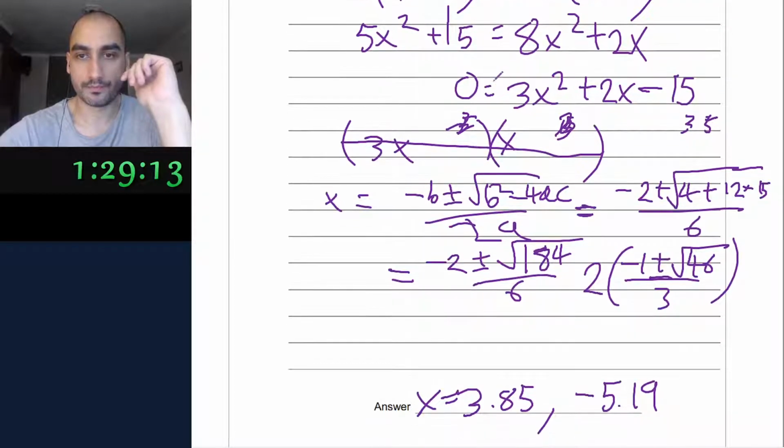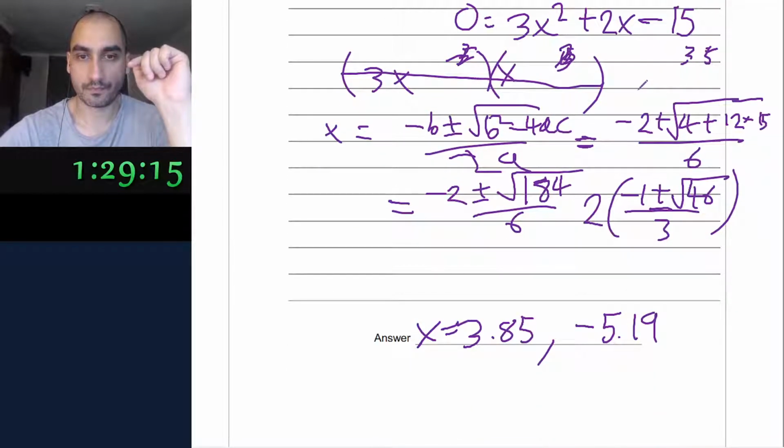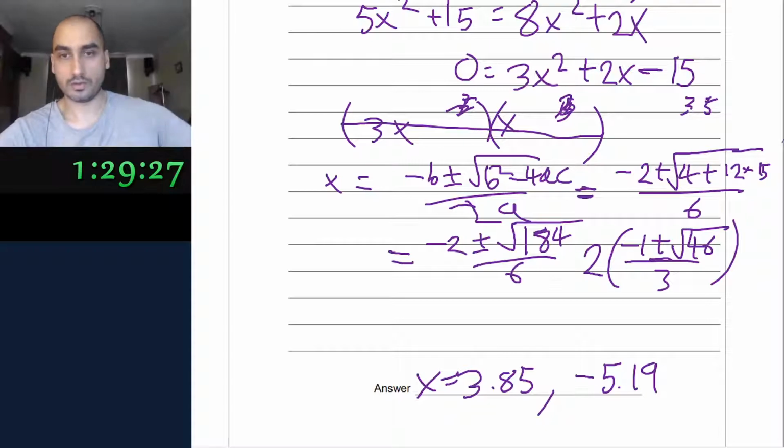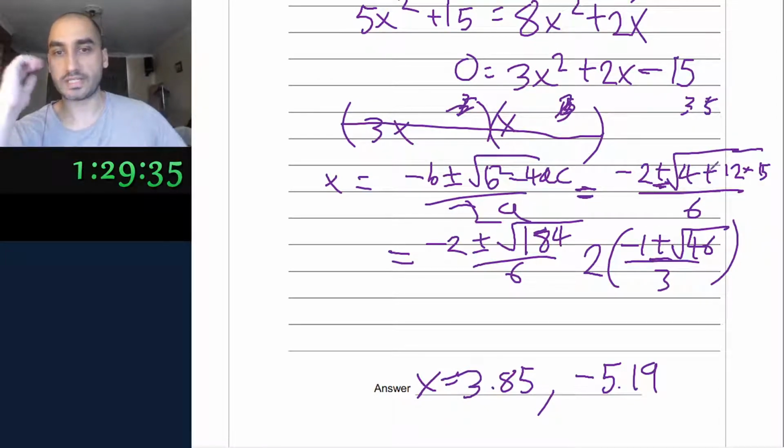So minus b plus or minus the square root of b squared minus 4ac all over 2a. So it's minus 2 plus or minus the square root of b squared, which is 4, minus 4ac.